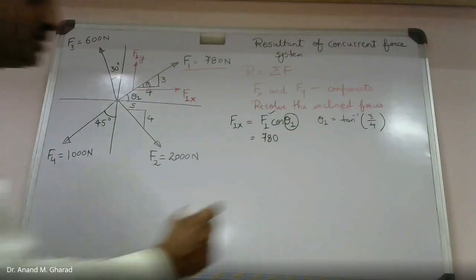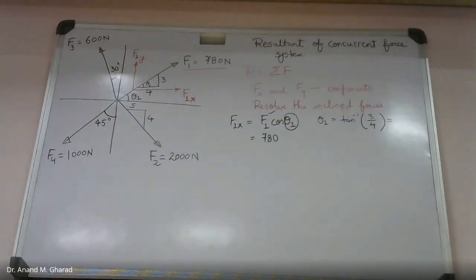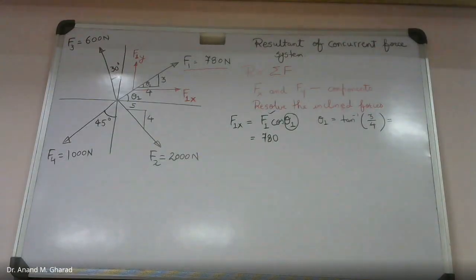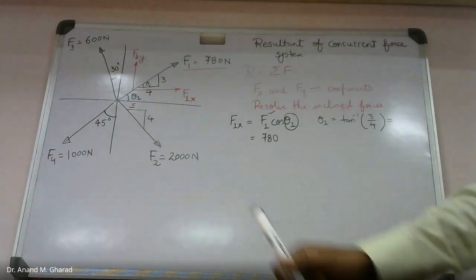Please calculate this theta 1 value. Sir, instead of calculating theta 1, we can simply calculate cos theta and sin theta. It would be easier. See, we will go step by step. The reason being, as you can see, the other two forces are related to angles of 30° and 45°.